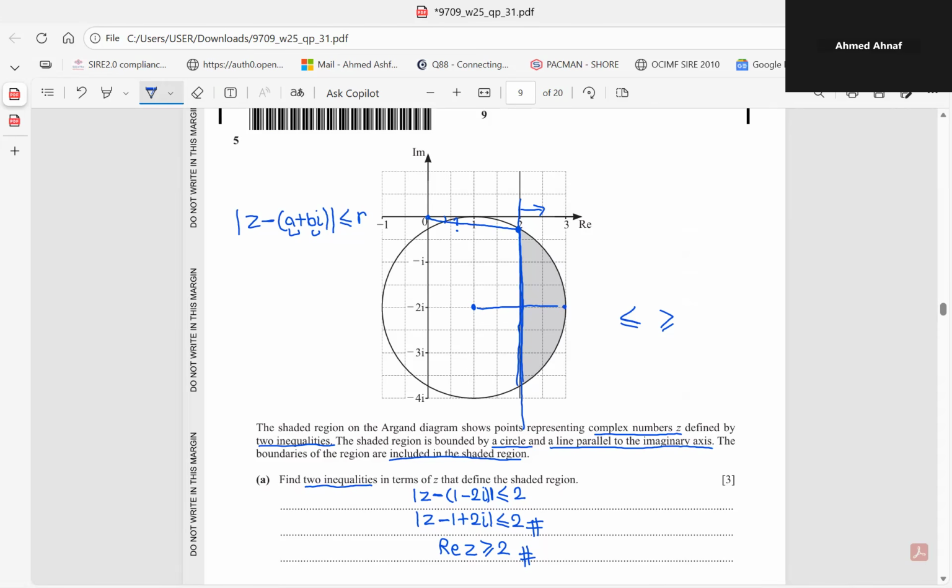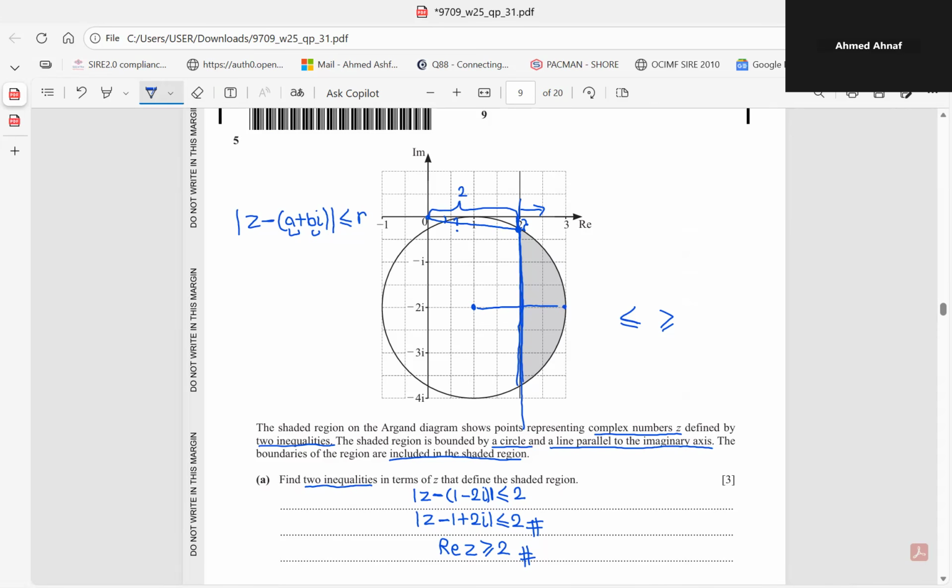To do this, we need to know our trig. We are going to form a right-angled triangle. This side here would just be the y value, so it's equal to the imaginary part of this complex number, and this one is the real part, which is just equal to 2.